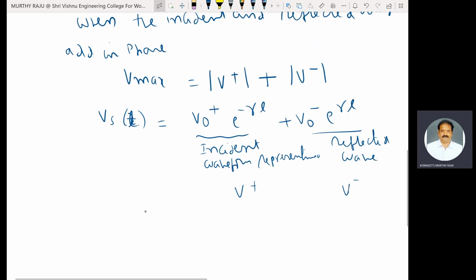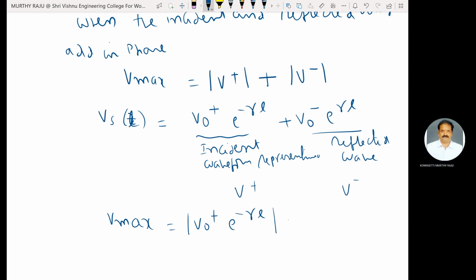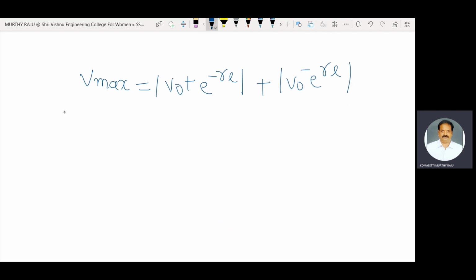Therefore, V maximum is equal to mod V plus, that means mod V0 plus e power minus gamma L, plus mod V minus, that means mod V0 minus e power gamma L. Mod V0 plus e power minus gamma L is the common term.